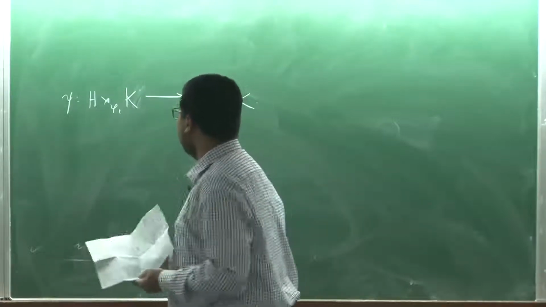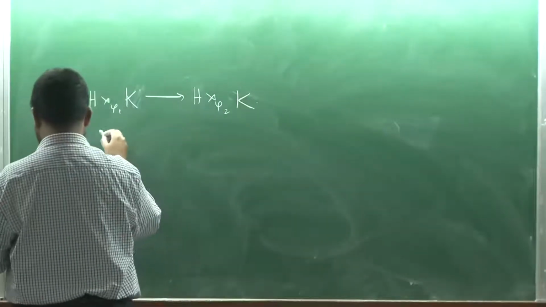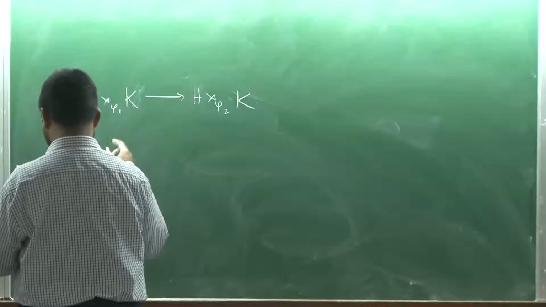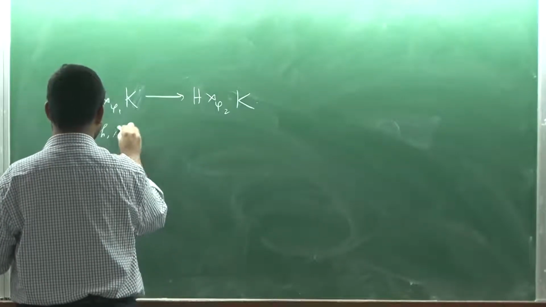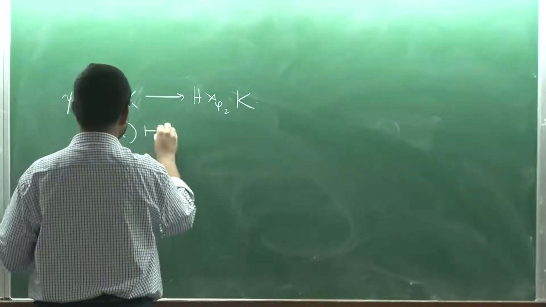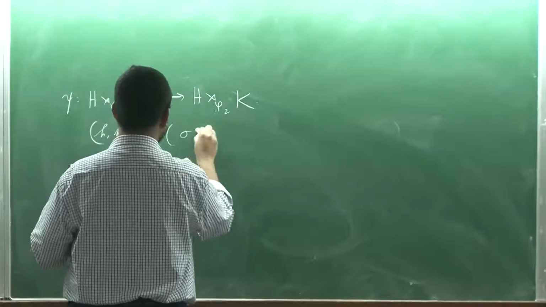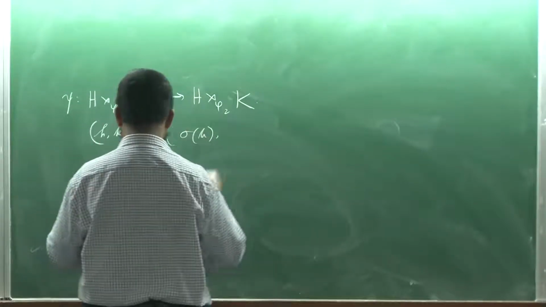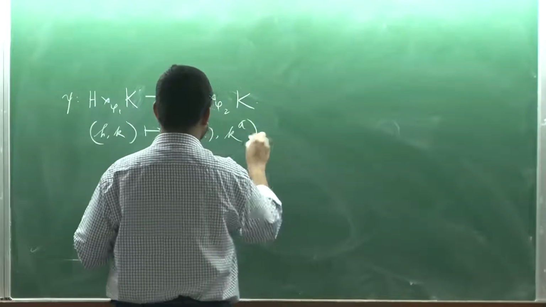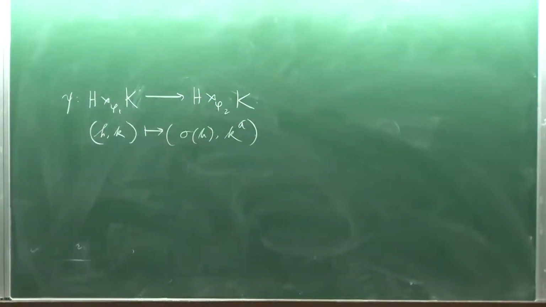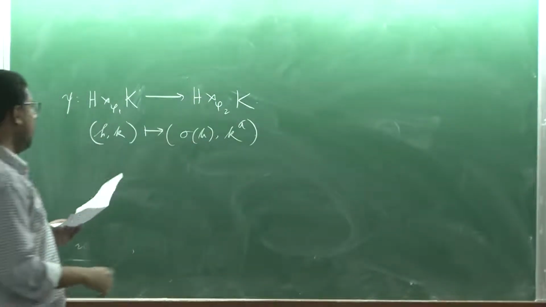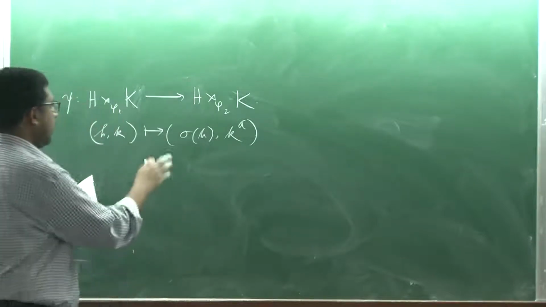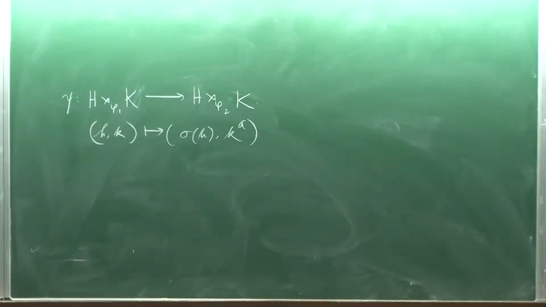Okay. So how do we define that map? Simply sending each h comma k to sigma h comma k to the power a. Okay. We now want to show that this map is an isomorphism.